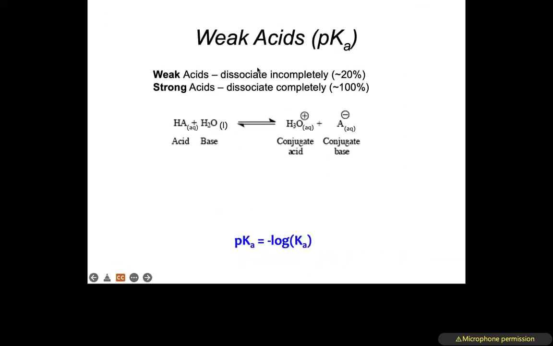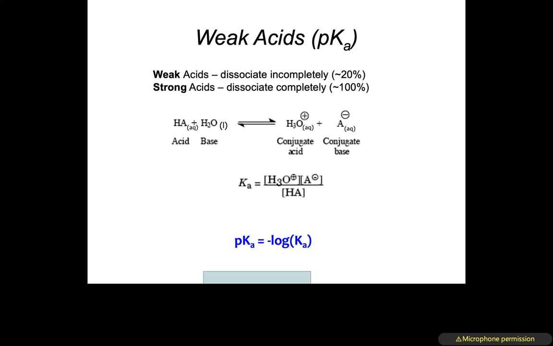Let's go and see what are weak acids and bases. Here we're going to talk about weak acids. Weak acids dissociate incompletely, and strong acids dissociate completely. Also for the bases, weak bases dissociate incompletely, and strong bases dissociate completely. So when an acid dissociates completely, it's going to be a strong acid.